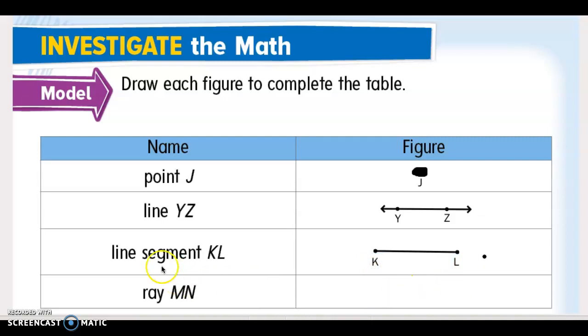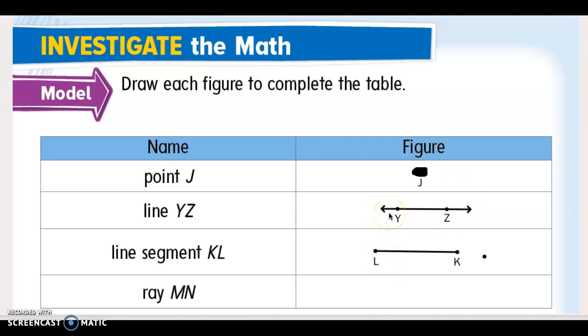So now I have line segment KL because it has two endpoints. This could also be named line segment LK. Both are correct.